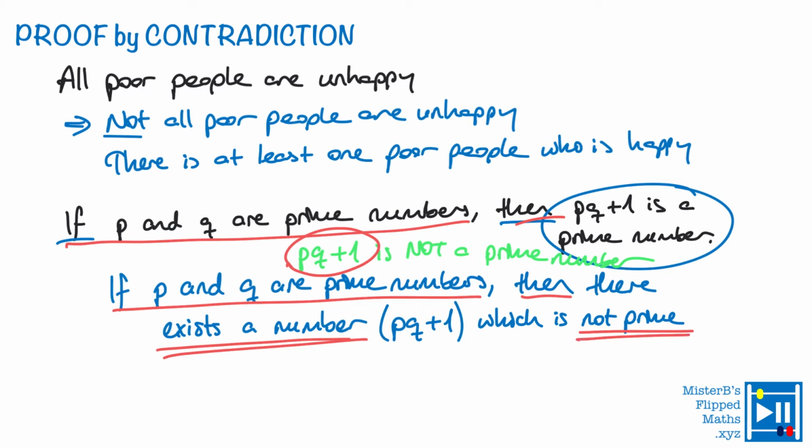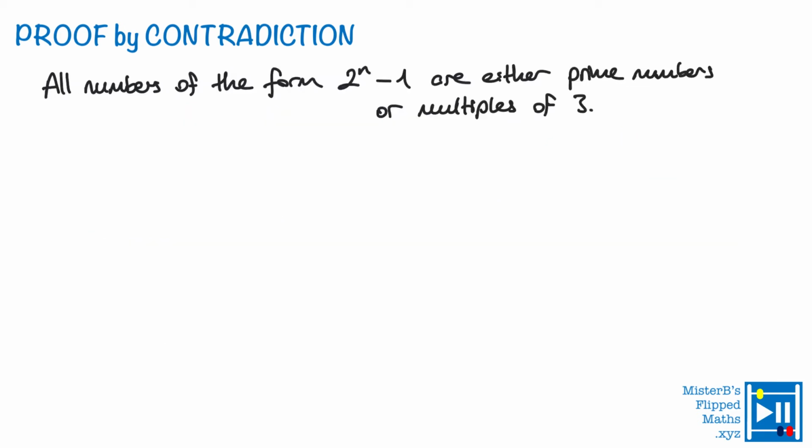That is the negation. Another example. All numbers of the form 2 to the power of n minus 1 are either prime numbers or multiples of 3. Now, writing a negation of this statement is easy because these are either-or sort of statements. All you have to change is to write these as neither-nor.